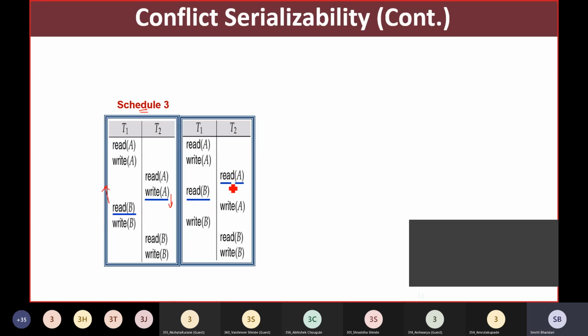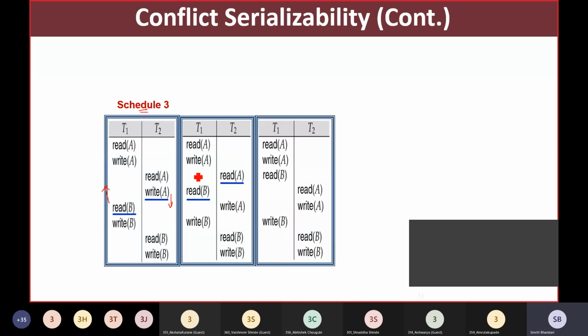Now, let us see further. If I look at these two instructions, once again they are consecutive instructions. One belongs to T1, one belongs to T2, and both are accessing different data elements. So once again, there is no conflict, and I can swap these two.